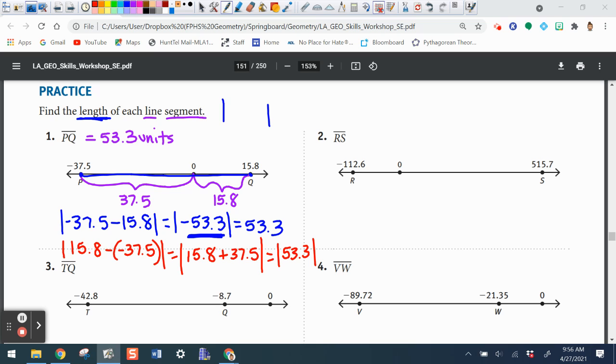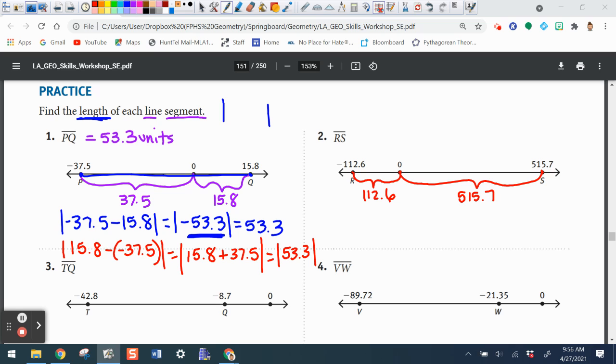Let's do the same thing on number 2. Again, the first method we're utilizing is because 0 is between the 2 points on the line segment we're finding the distance of. So the distance from R to 0, the distance from negative 112.6 to 0, is 112.6. And the distance from S to 0 is 515.7.